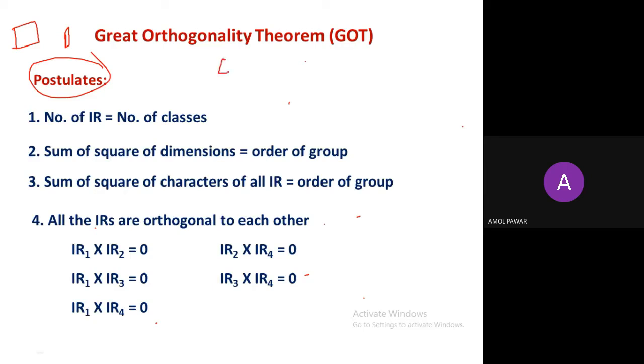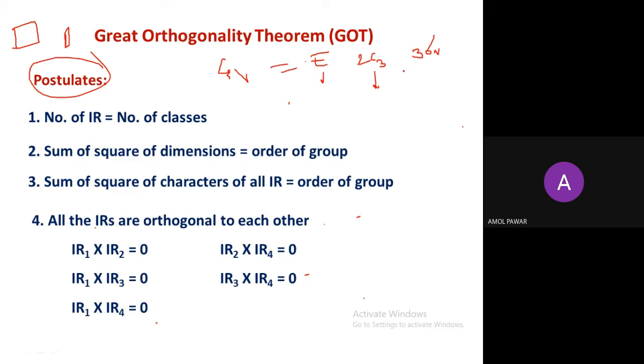For the C3V point group, symmetry elements are E, then 2C3 and 3 sigma V. But this identity has one class. C3 has one class because C3 1, C3 2, C3 3 are in the one class.